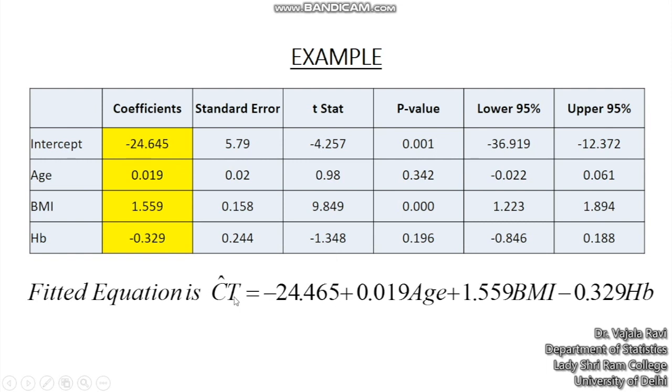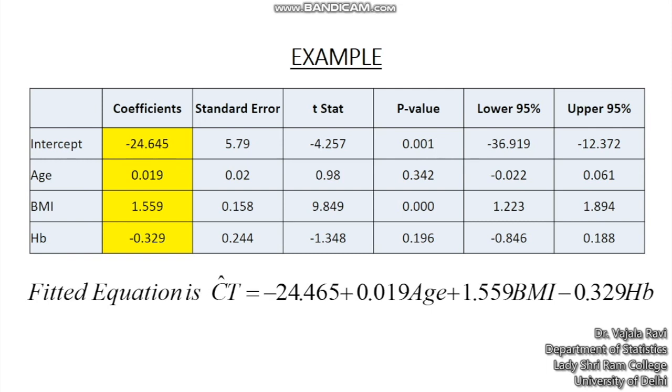As an example as to how we could use the results of such a regression equation, we could use these coefficients and the results to make predictions. So the fitted regression equation is given by this. Now, suppose I wish to predict what my CT score would be given age, BMI, and hemoglobin.